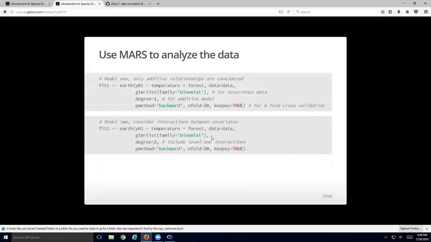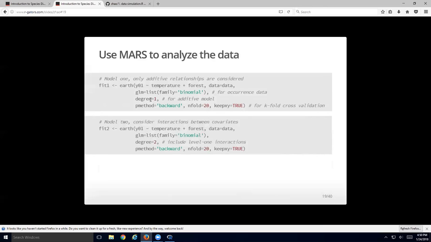So here I use this Earth function. Basically, this is a function in the Earth library to run MARS. I have two models. You can see that the first part is a formula. If you are familiar with linear models or generalized linear models, it's just this formula. This y01 is a function of these two covariates, and the data used is called data. Since my observation is 0, 1, I choose the family to be binomial. That's for current data.